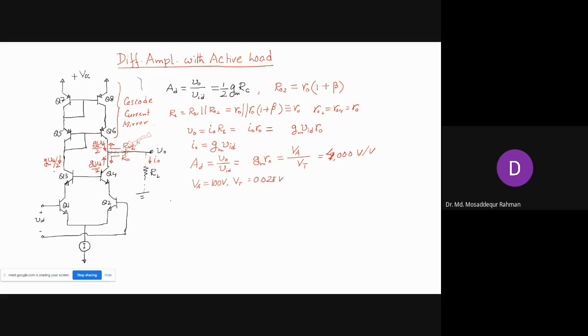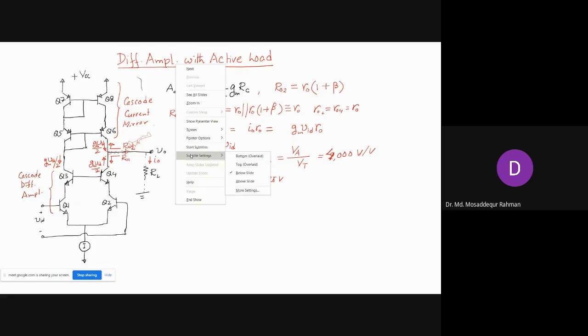So this part of the differential pair is what we call the cascode differential amplifier. The Q1, Q2 are in common emitter configuration. Q3, Q4, these two are in common base configuration. Is that clear, guys?